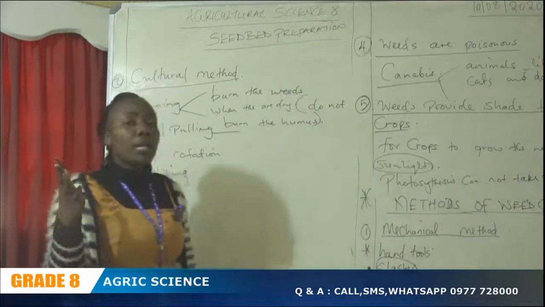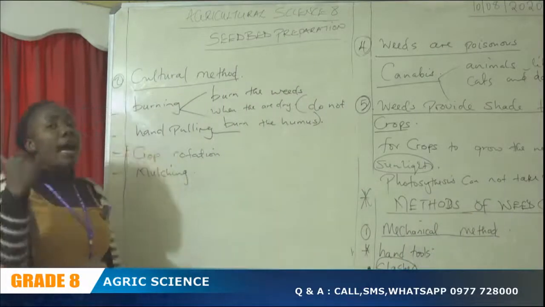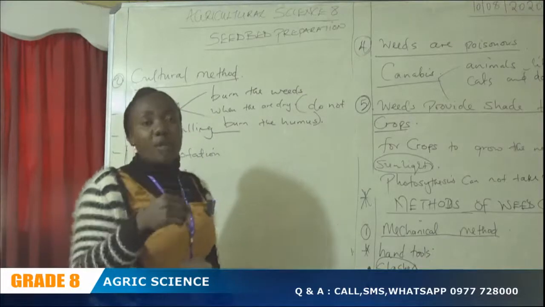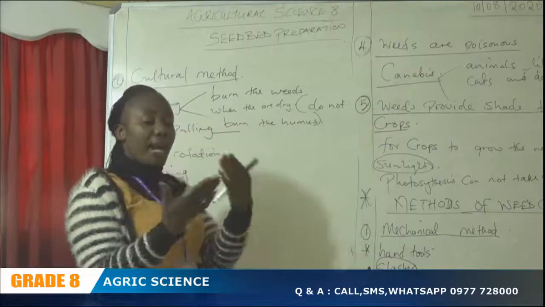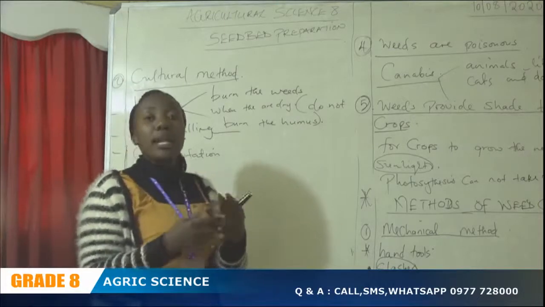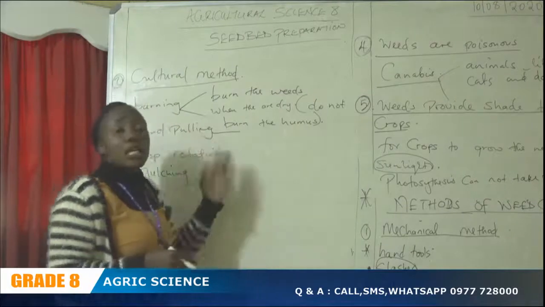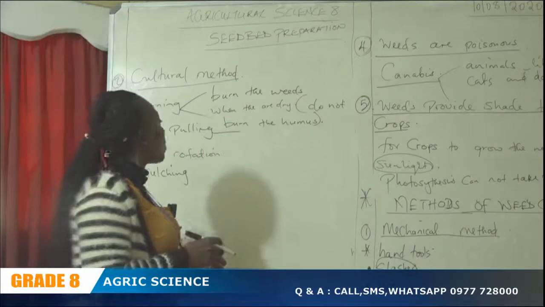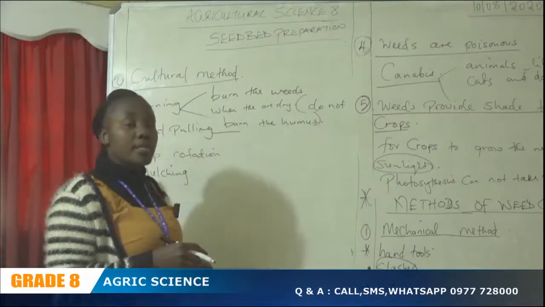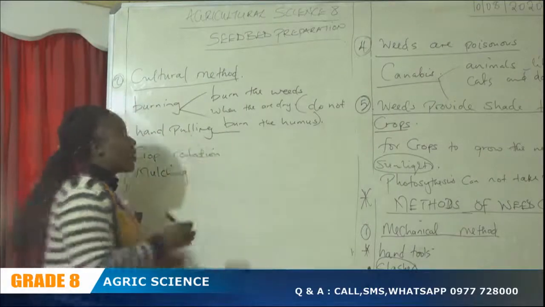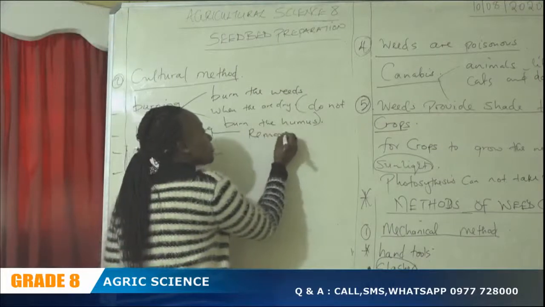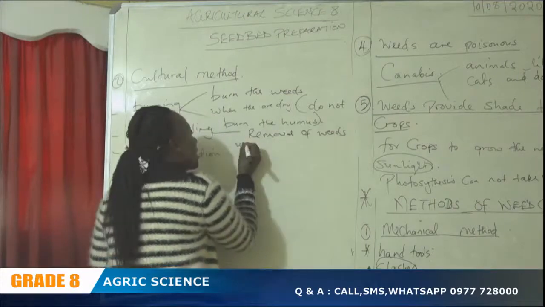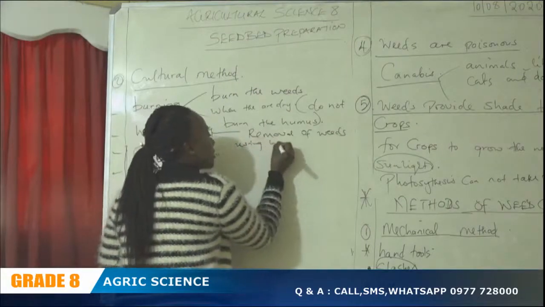So hand pulling is the removal of weeds using hands, and this can be done only if the weeds are young. Because if the weeds grow, you end up cutting yourselves and causing accidents. So when the weeds are small and the soil is a bit moist, you can use hand pulling.